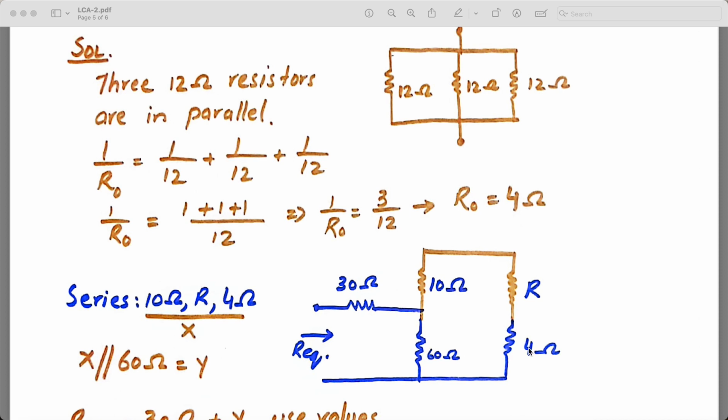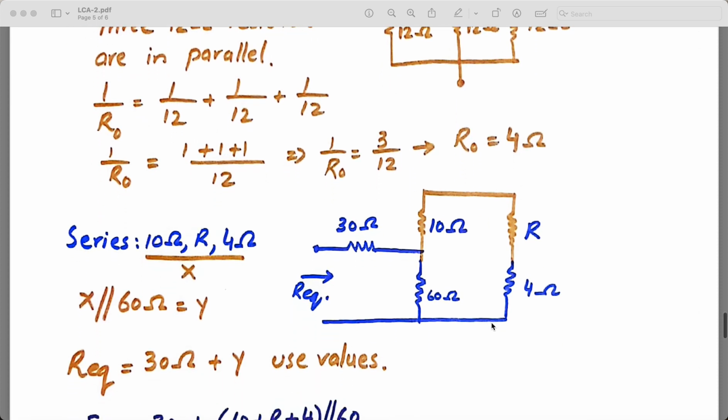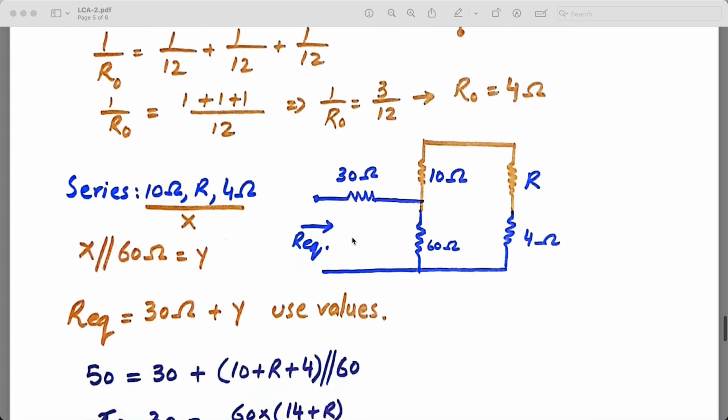You can see this 4 ohm is in series with R and then 10 ohm. Call this X, and then that X is in parallel with this 60 ohm, and the answer of that is in series with 30 ohm.